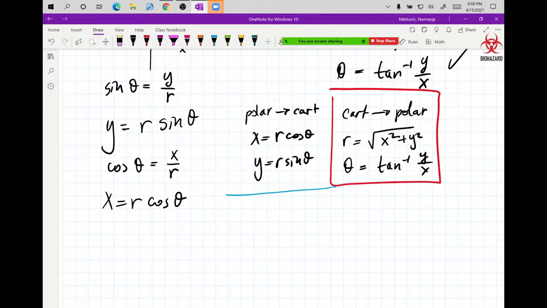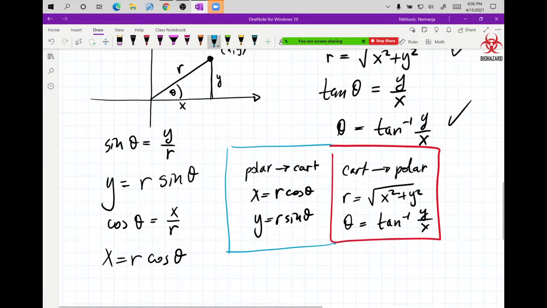So there they are. Two conversions. So now we can turn polar into Cartesian and Cartesian into polar.